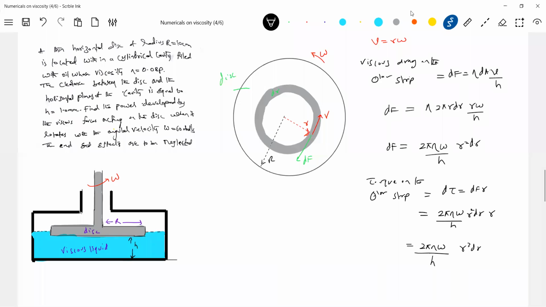What should be the limit? 0 to capital R. So what is the total torque? Pi eta omega R to the power of 4 by 2h. Power is also asked.